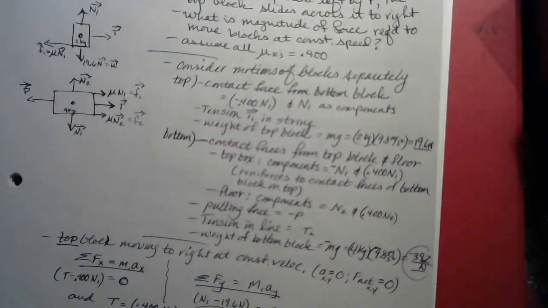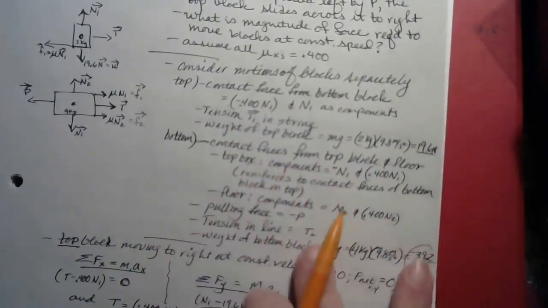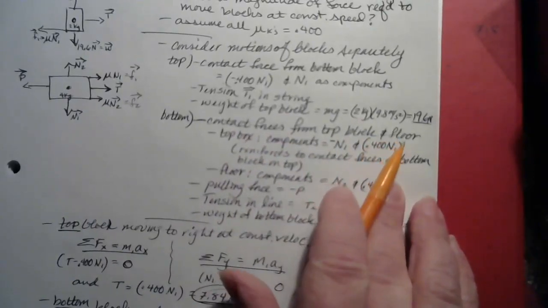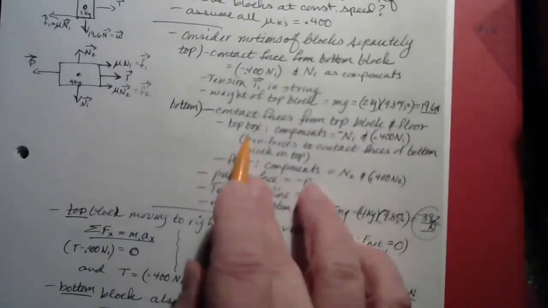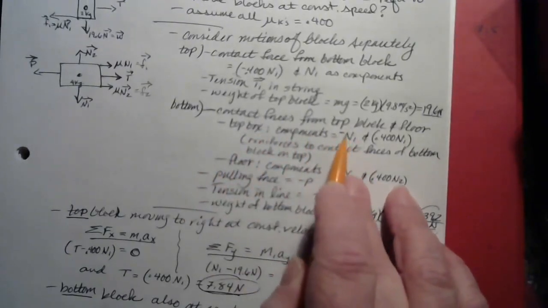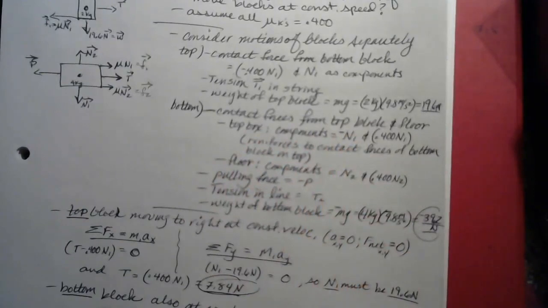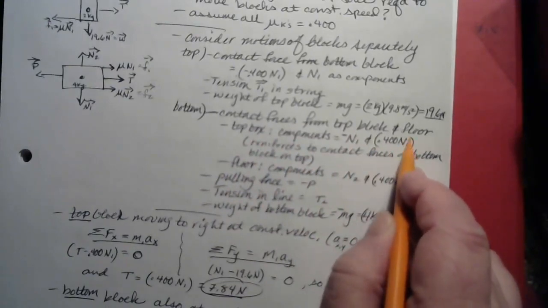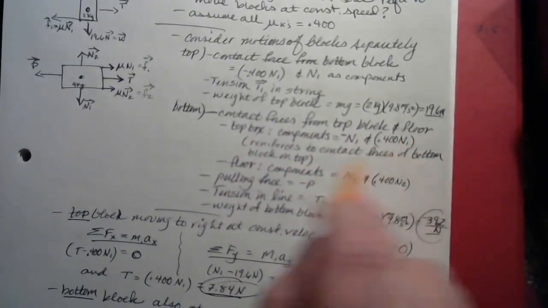For the bottom block, we have the contact forces from the top block and the floor. For the top block, we have the components that are negative of the normal force for block 1 and 0.4 times the normal force for block 1.